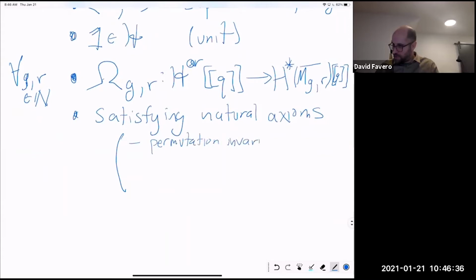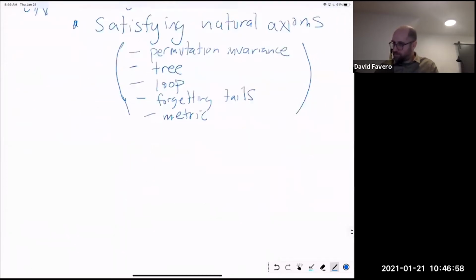I'm going to tell you precisely the ones we actually did, which was tree, loop, getting tails. And so then I'll do an example.